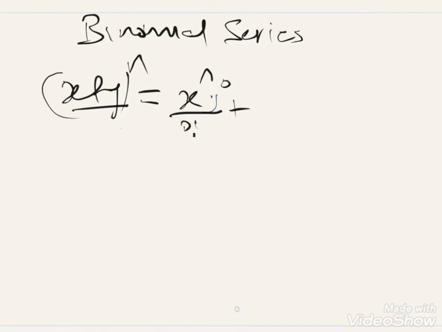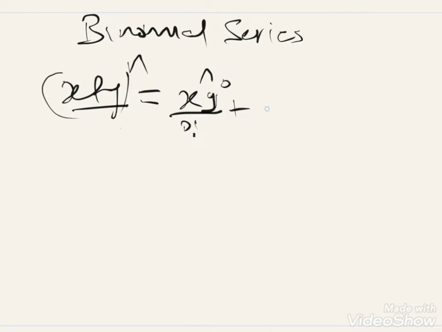Plus, that is how we establish the first term. So the first term is established by taking the first term of the binomial, which is x, raising it to the original power of the whole binomial, then multiplied by the second term, which is y. Then the power of y will start from 0. Then we divide by 0 factorial.